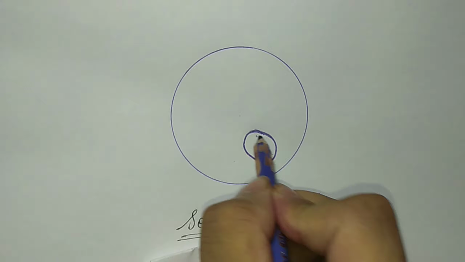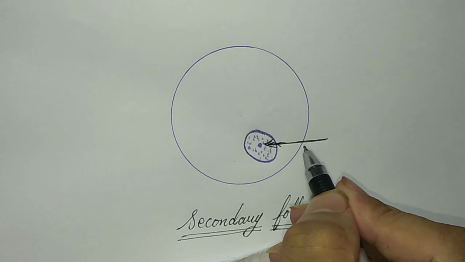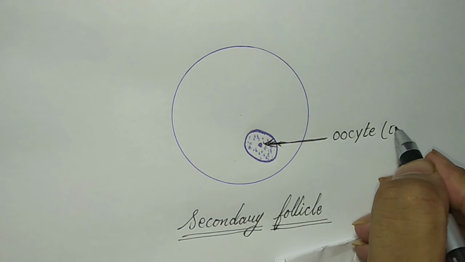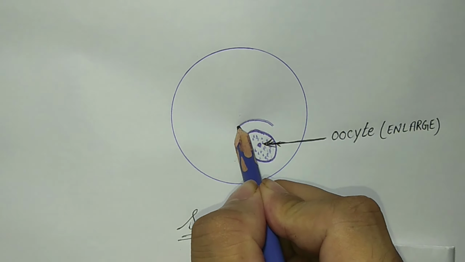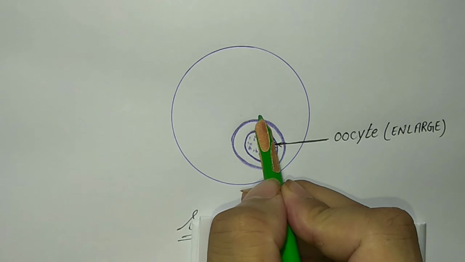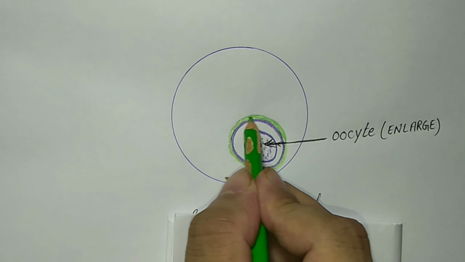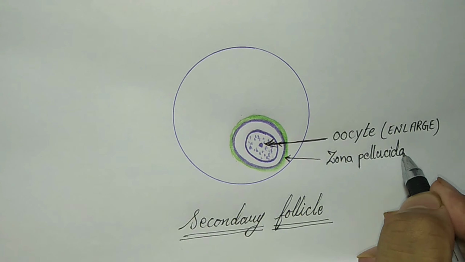So here is the structure of oocyte. Oocyte enlarged and reached its full size about 125 micrometer, and in green color this one is zona pellucida.